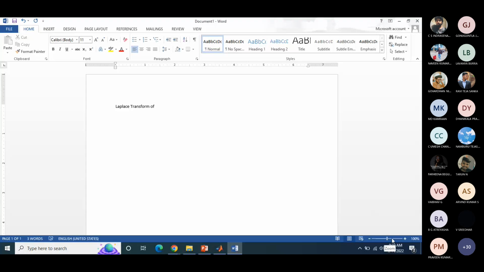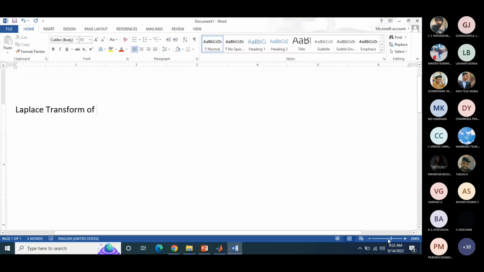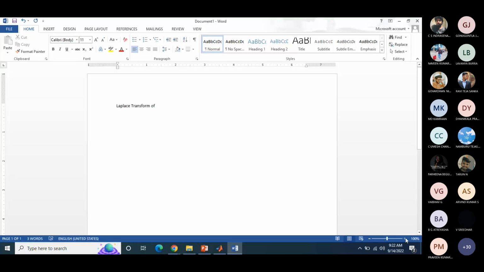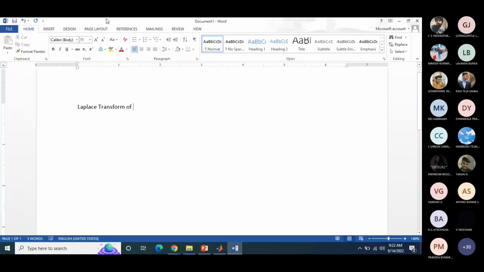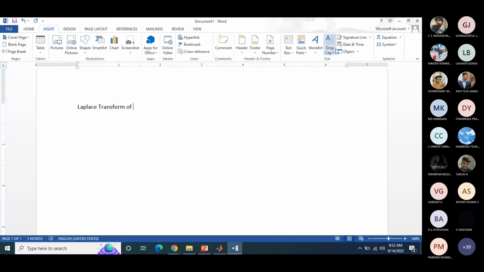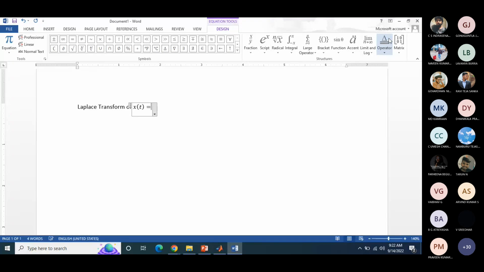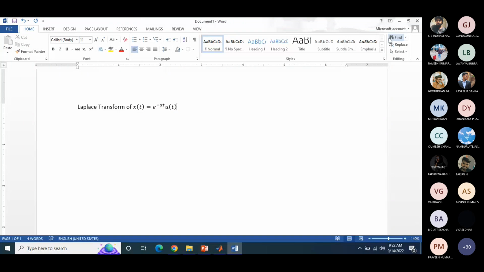You can see this, right? Yes, sir. Okay, I'm going to give the signal, let it be x of t equal to e power minus alpha t u of t. Suppose I want to find the Laplace transform.